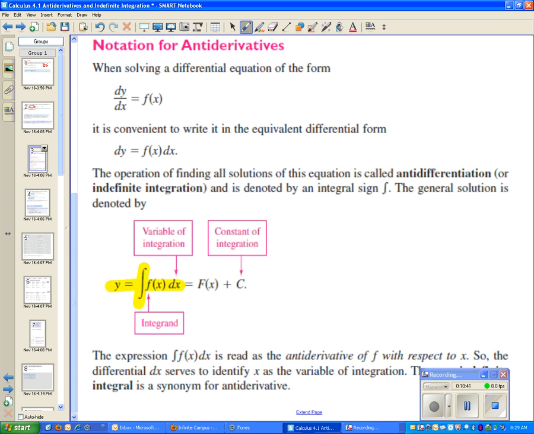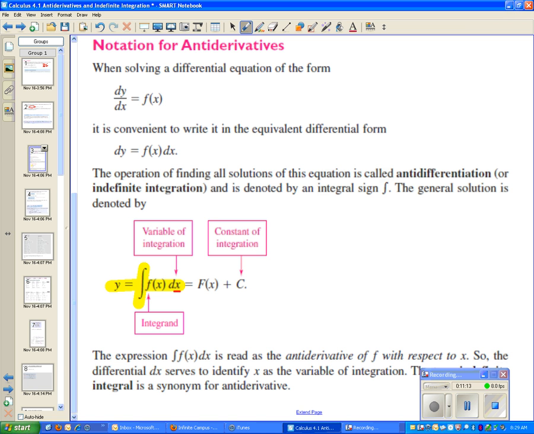Now, f of x is called the integrand. dx is called the variable of integration. It's very, very important that the function has the same variable as that. And I know you're thinking, well, of course it will. When we get to applications, we've really got to make sure that our function is of the same variable as our variable of integration. Right now it's not really going to be an issue, but it becomes one.